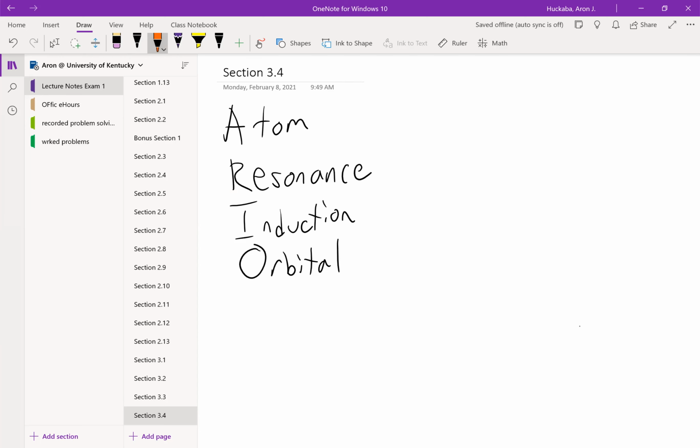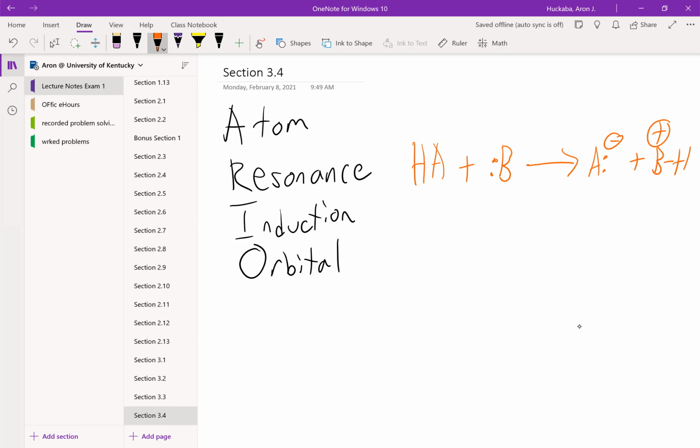So, as a general thing to consider, let's look at this reaction. So we have some acid plus a base goes to A minus plus BH plus.